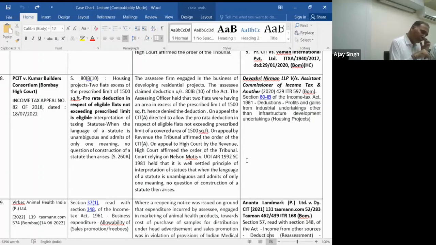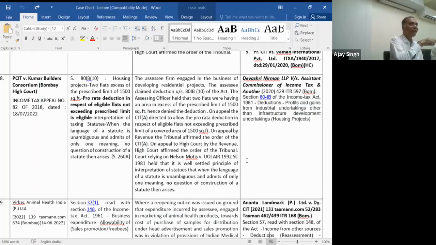In the context of Vivad Se Vishwas, I had come across a similar situation, where the question was what the quantum should be, and the assessee was trying to explain to the judges that he had gone in appeal before the tribunal, before the CIT, and thereafter had gone for further reduction.